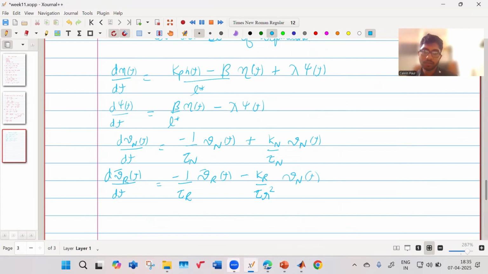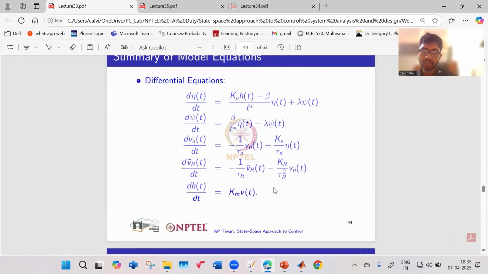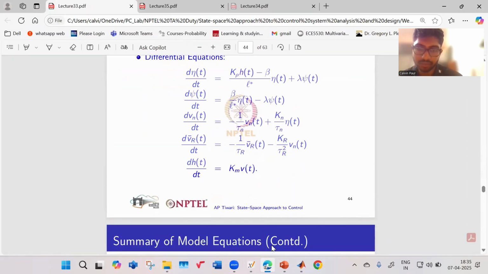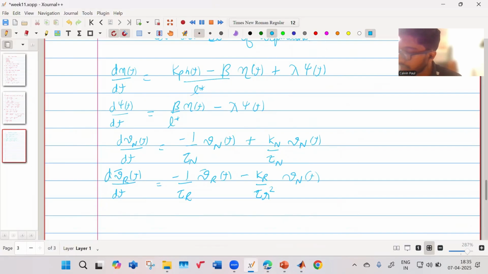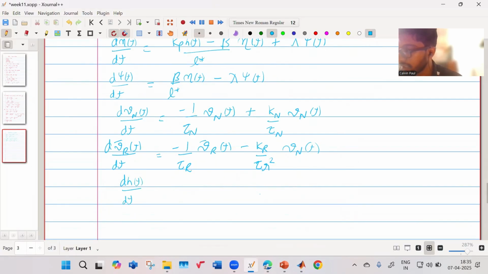Okay. Then further, dh of t upon dt is equal to Km into V of t. So V of t is our input.